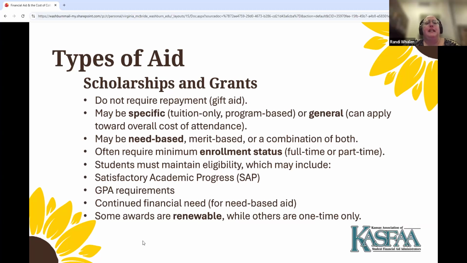Students must maintain eligibility, which may include satisfactory academic progress, SAP, GPA requirements, and continued financial need for need-based aid. Some awards are renewable, while others are one-time only.